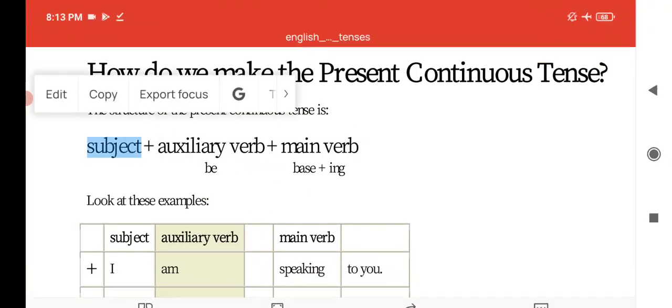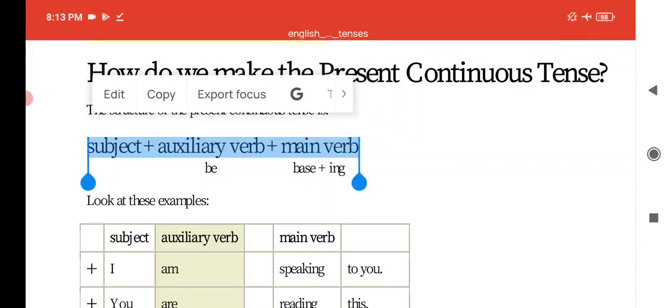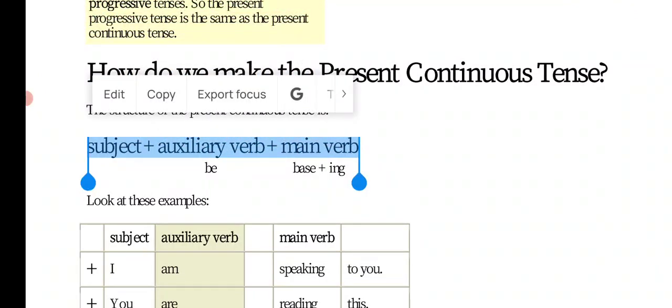Again, in simple present tense, what was the structure? Subject plus main verb, first form of main verb, plus object, or subject plus auxiliary verb plus first form of verb plus object. But look at the formula in present continuous, which continues at the time of speaking.